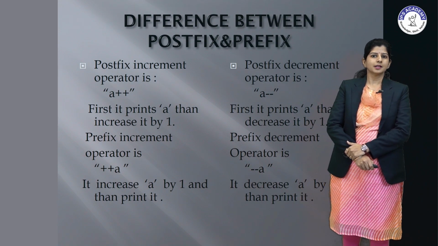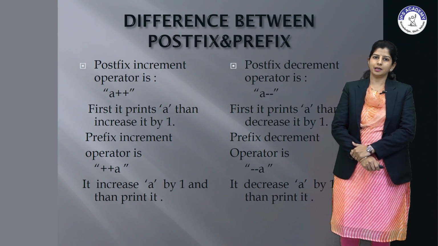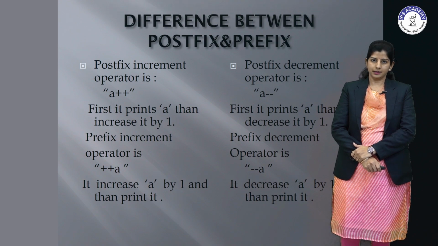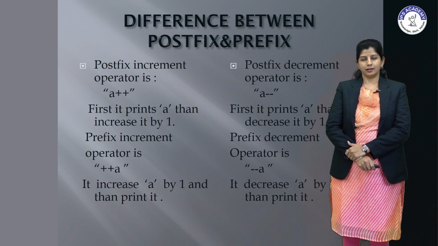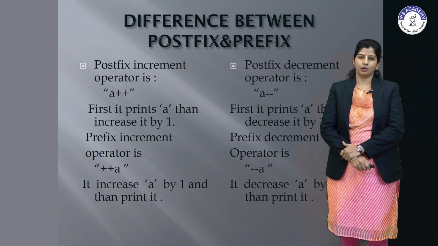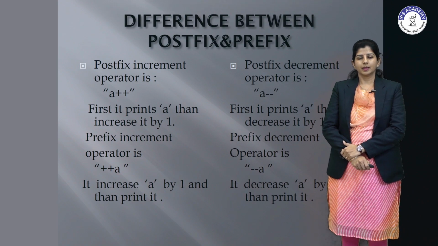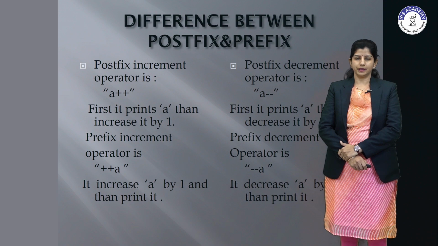Here a is an int variable, and we can assign any value to it. When we write a minus minus, it tries to decrease 1 from the value of a. The prefix decrement is the same: it first decreases the value of the variable and then prints it.